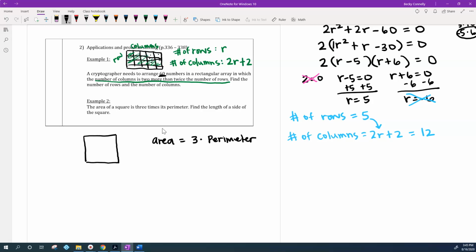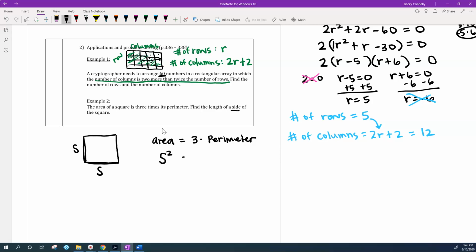Okay, but let's think about how we're going to name this. Well, we're trying to find the length of each side. So I'm going to call the length of the side of the square S. I don't know how long it is, right? But I know that since it's a square, the length and the width are the same. And so when I find the area of that square, it's just S times S, which is S squared.